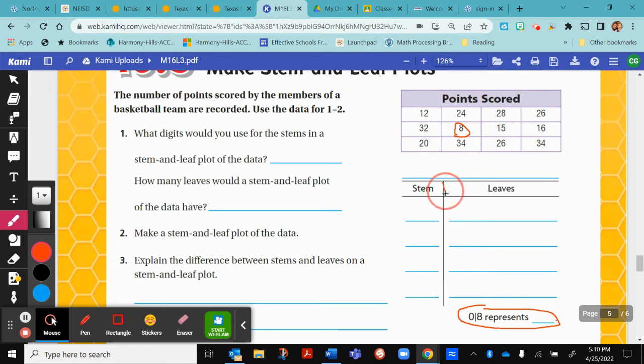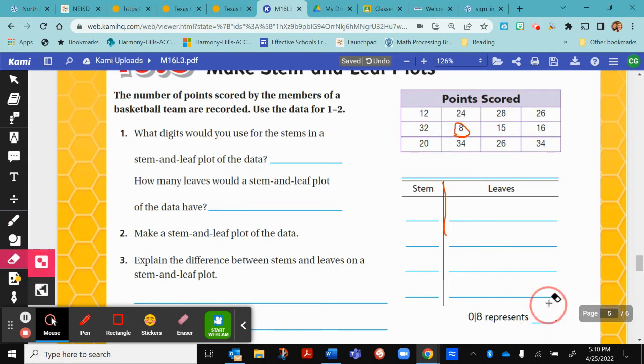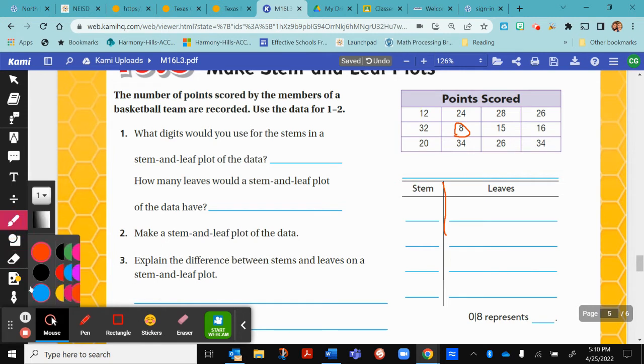So it means that the number is 8. So I'm going to write down the number 8. So for my stem, I have 0 tens and I have 8 ones.